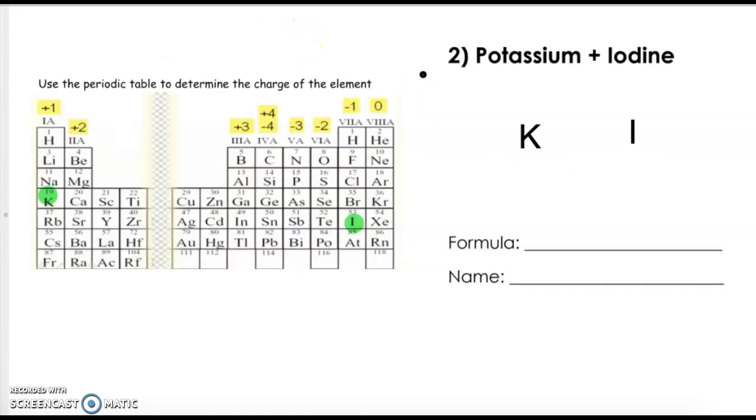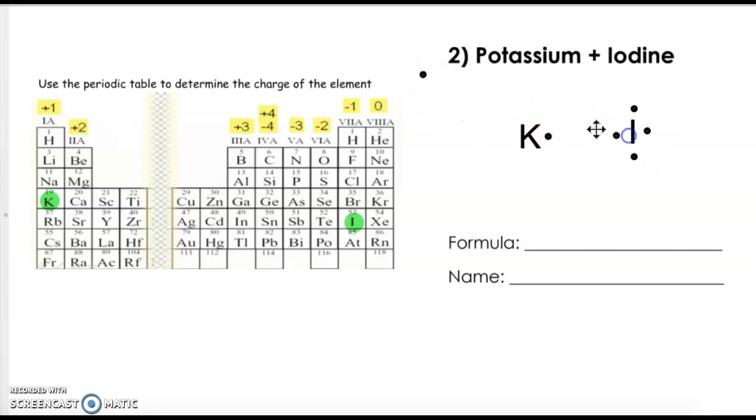In number 2, it wants you to do the dot structure for potassium and iodine. So we have to find potassium, which is right here on the periodic table, and we have to find iodine, which is right here. Again, potassium is an alkaline metal, so it has 1 valence electron on its outer shell. Iodine is a halogen, and so it's going to have 7. Again, you fill in 1 on each side first.